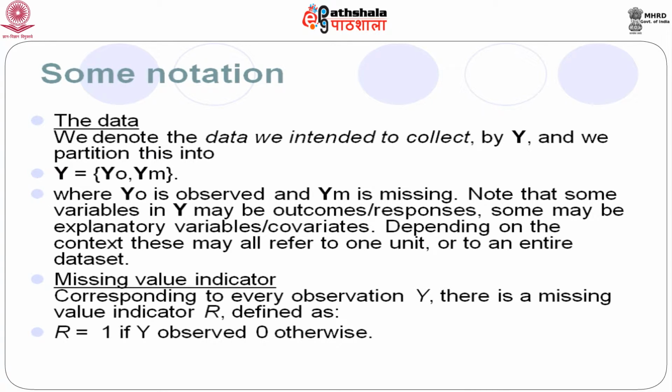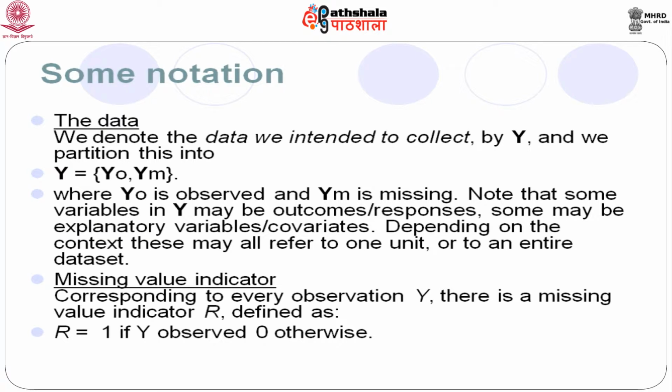Now, we go for some notation that is used to study the various missing patterns and the modeling and others. Suppose we have the whole data set y, for which we have y naught, the data available, and y m, the data missing. So, I accumulate all the missing observations under y m and all the available observations under y naught.